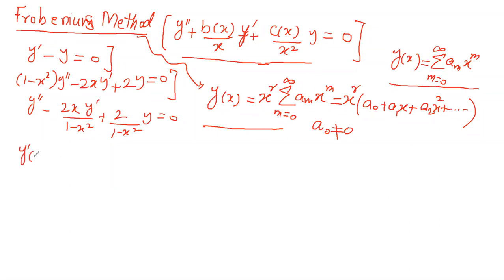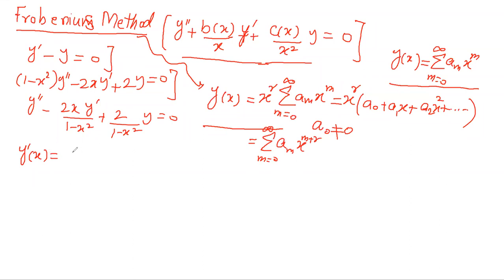So y prime of x will become... we can take the derivative, but we can also simplify it by taking x to the power r inside, so it will be am x to the power m plus r. Then we take the derivative of this series.